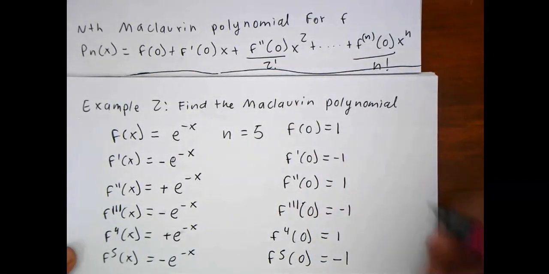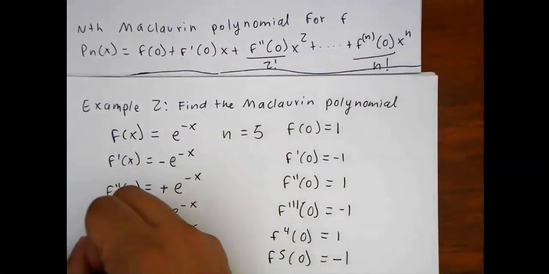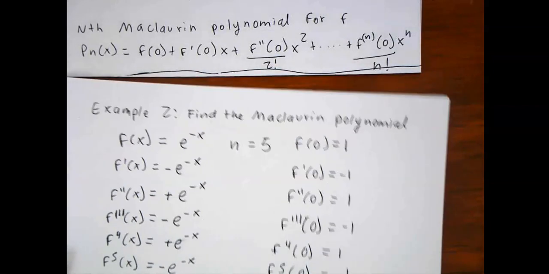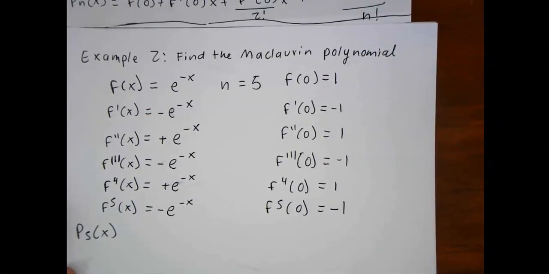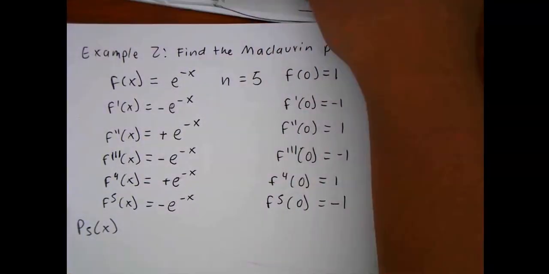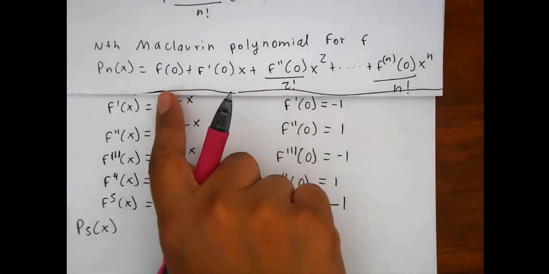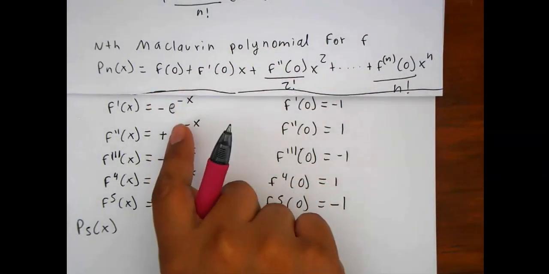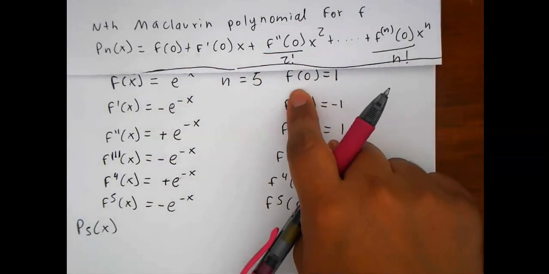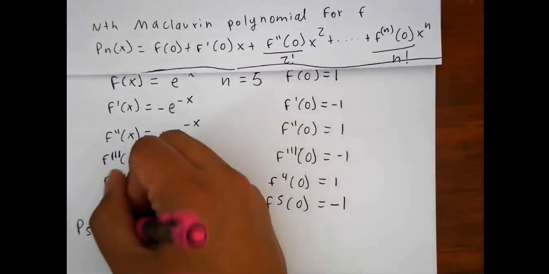Okay, and now let's plug it into our function. So P5 of x. Here I'm going to see my function: f of 0, when we plug 0 into the function, we got 1. So we're going to have 1.